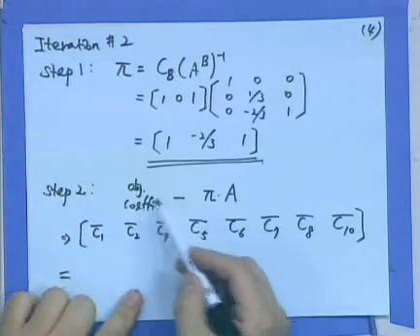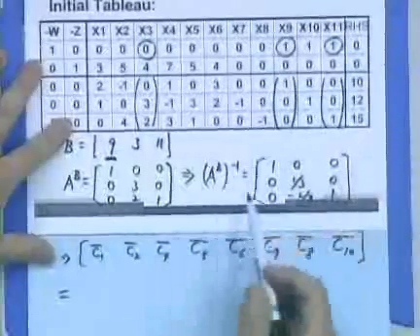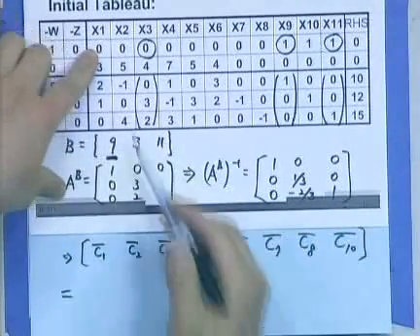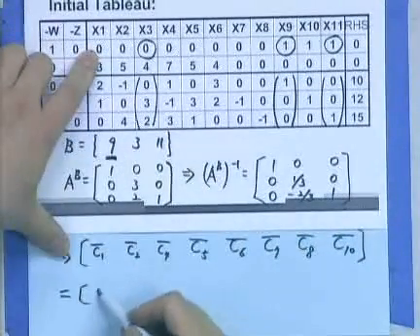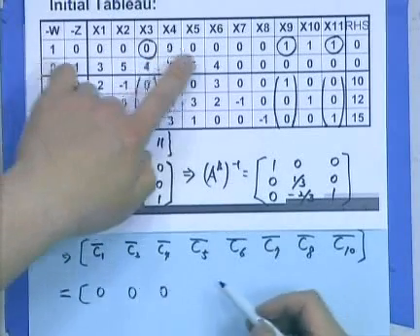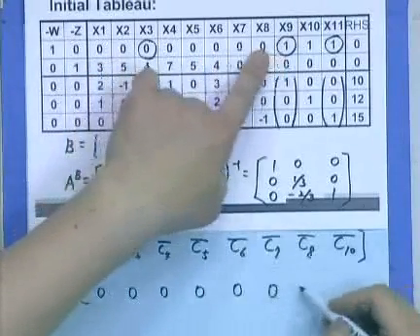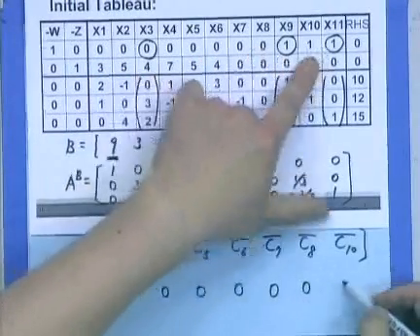What about the objective coefficient for those variables? Zero, 0, 0, 0, 0, 0, 0, and 1, right?